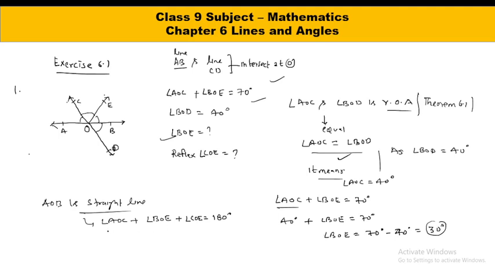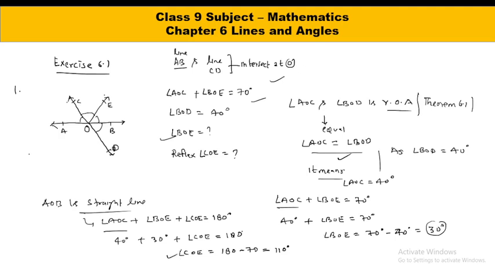Angle AOC is given as 40 degree. Angle BOE is given as 30 degree plus angle COE is not known, then angle COE will be equal to 180 minus 70, that is 110 degree.